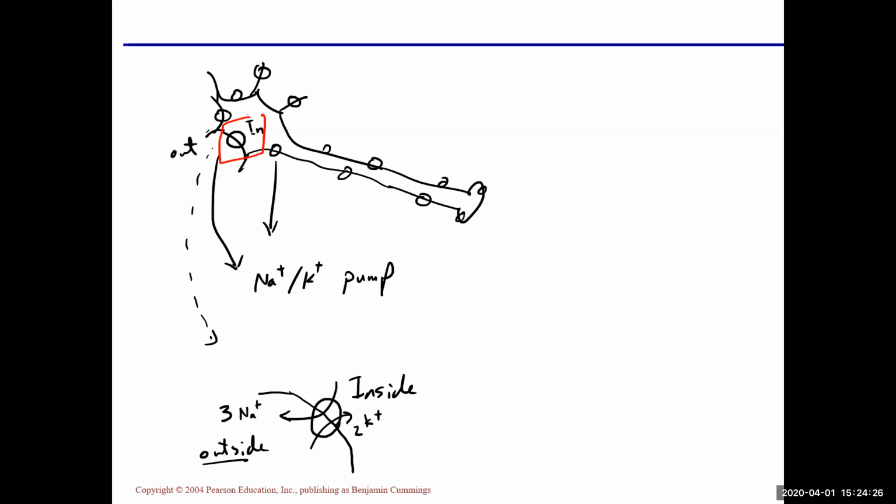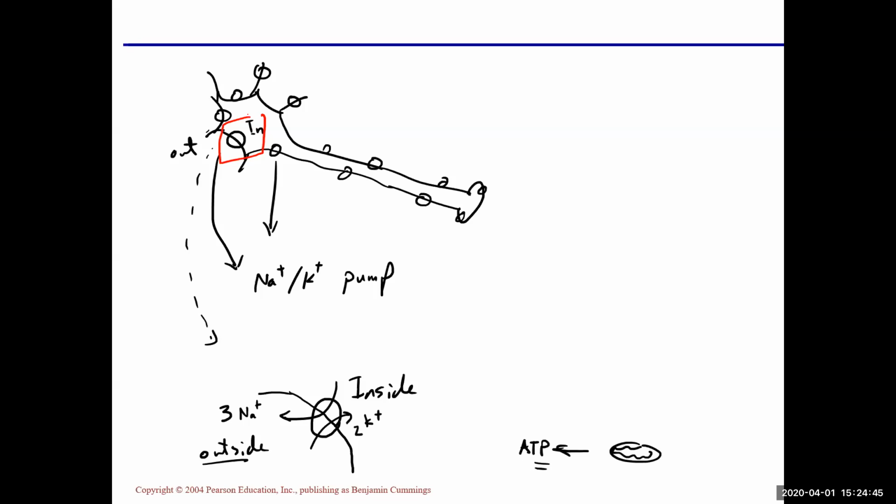And if you recall that this pump is an active transport, so it needs the ATP from the mitochondria. Mitochondria generates the ATP. ATP can break down into adenosine diphosphate. The phosphate bonds are having a high energy.